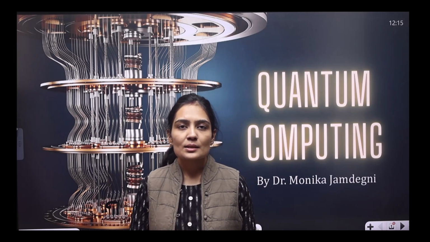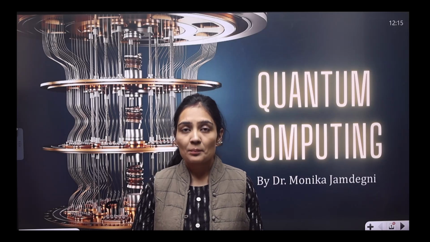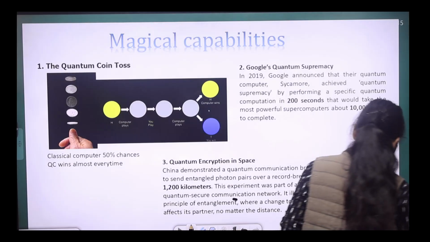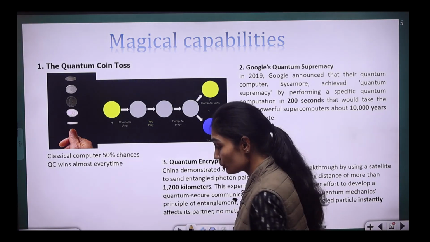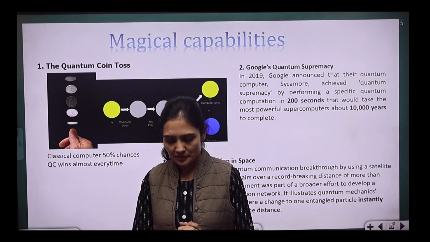By using some basic principles of quantum physics like superposition and entanglement, it can solve problems at a very high speed, which is unattainable by today's most powerful supercomputer. Many industries have already started adopting this technology for their innovation and better performance. If you ask me what a quantum computer can do, I would say it has some magical capabilities in it.